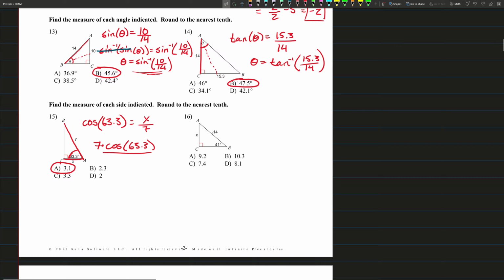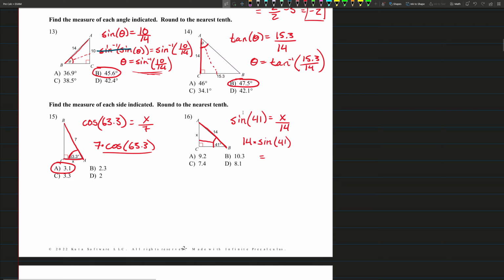Same thing for number 16. We are given this angle, the opposite side, and the hypotenuse, so we can set up a sine function. Sine of this angle 41 is going to be equal to x over 14. To get x by itself, we multiply both sides by 14, so we get 14 times the sine of 41.